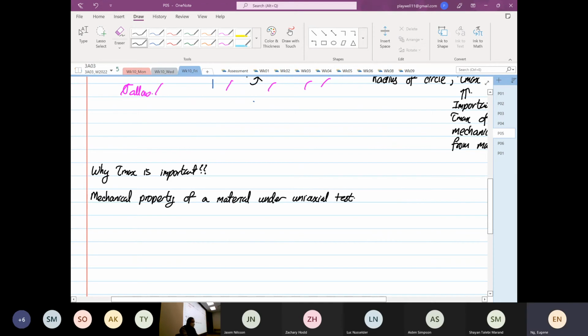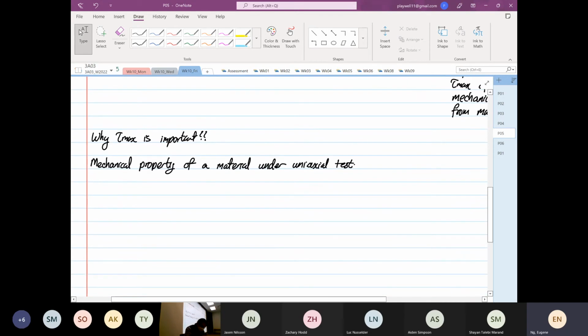Okay, uniaxial test is always carried out, like those of you that have done 3CO3. Why is that? Because it's cheap, it is most convenient to do. Okay, so now we have a shaft now. Okay, we put it under what?